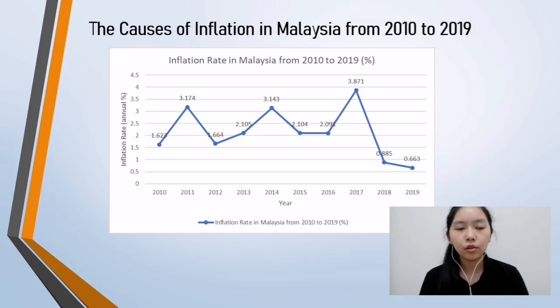This is due to a rise in the food and non-alcoholic beverage index and the transport index. According to the Department of Statistics, the rise in transport costs is due to the higher fuel price, which accounts for 7.8% of the transport index of fuel and lubricant for personal transport equipment.